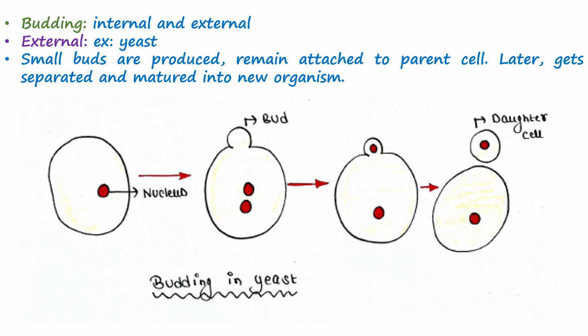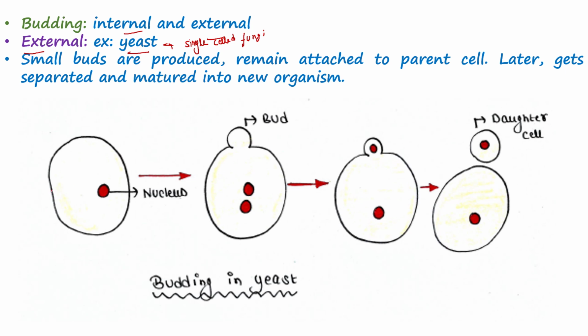Budding occurs in 2 different ways, internal and external. Now external budding occurs in yeast. Yeast is a single-celled fungi, right?